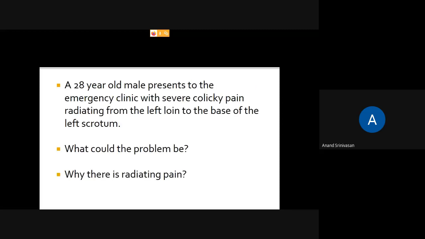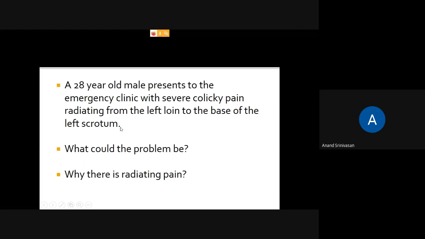Okay, the next one. Here you can see a 28-year-old male presents to the emergency clinic with severe colicky pain, excruciating pain, radiating from the left loin to the base of the left scrotum. The pain is from the loin to the scrotum.